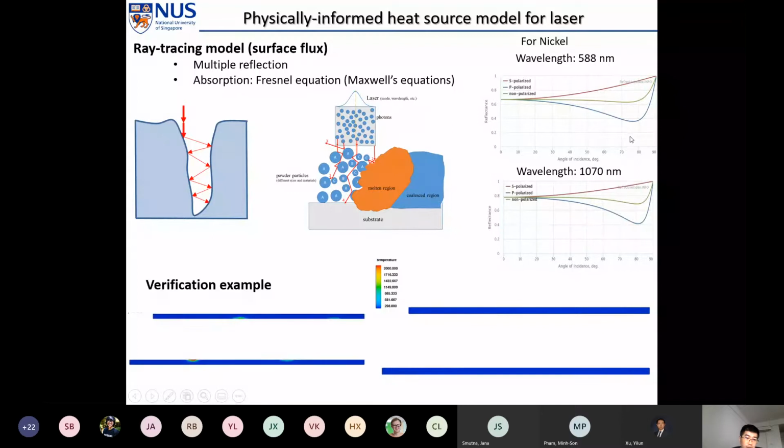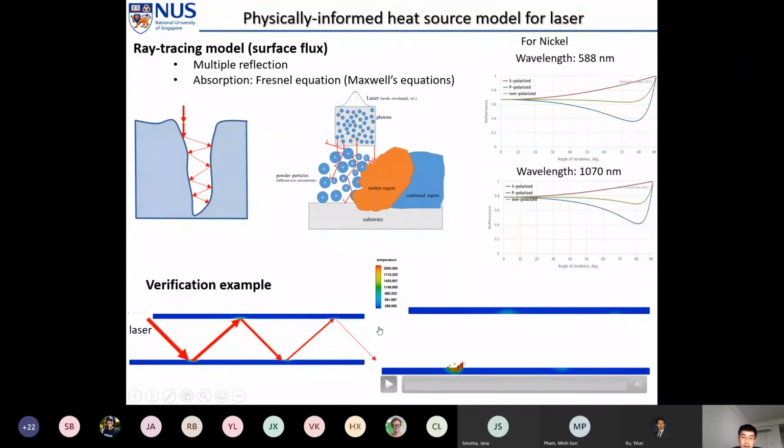And we also have a verification case here. There's a laser coming in this direction. This is the first reflection point, second reflection point, third one, fourth one. And you can see the simulation result. Here, the first reflection point gets melted and even forms a little keyhole, right?